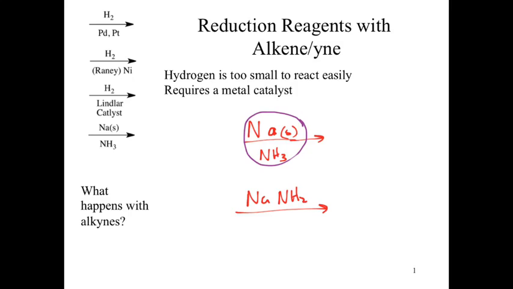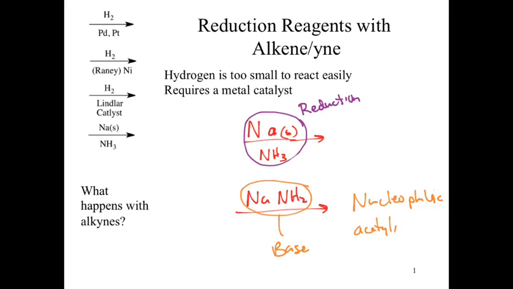So your sodium metal, you're looking at reduction. Whereas if we look at sodium amide, this ends up being a base. So in the presence of the base, we end up with our nucleophile, our nucleophilic acetylide ion, which was our triple bond with a negative charge on it.